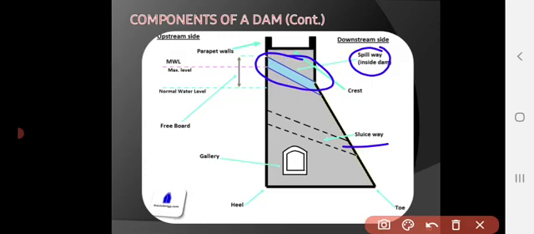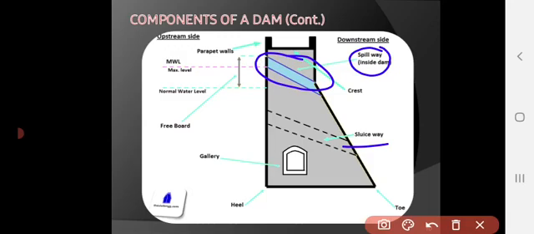And the spillway is the overflowing section of the dam. It is a part of the dam at a lower height. Okay, so water from the upstream side flows over the spillway and goes to the downstream portion.